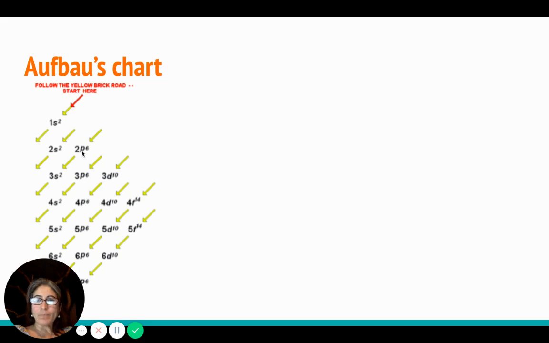The P sublevel has 3 orbitals, and it will have space for 6 electrons. The D has 5 orbitals, and the F has 7 orbitals. The superscripts that we have here, these 2, 6, 10, and 14, are the maximum number of electrons that these areas can hold.